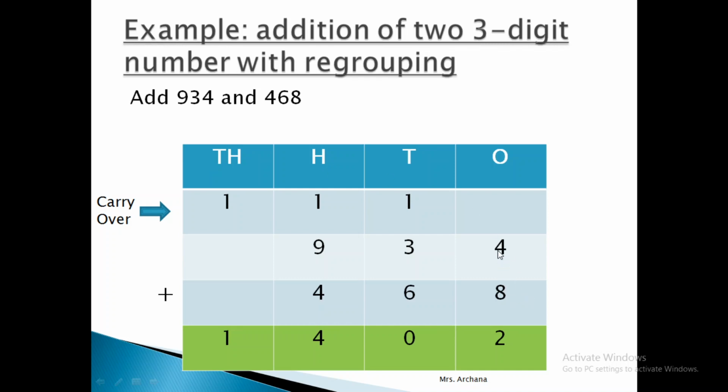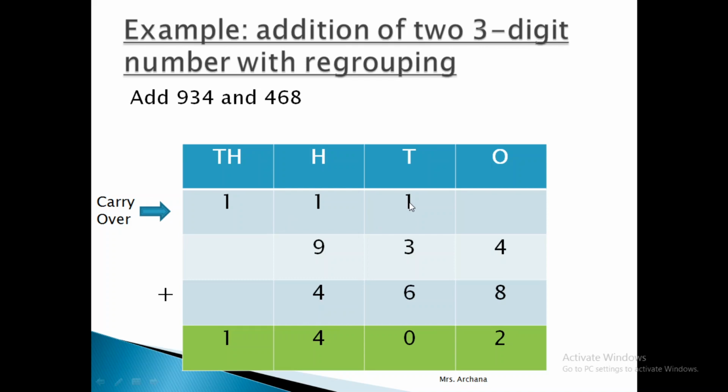How much will you get? You will get 12. 12 means there are 2 digits, and in the ones place which digit is there? 2 is there. So in the ones place you place 2, and the 1 of the 12 you take to the tens place, and this is called your carry over.